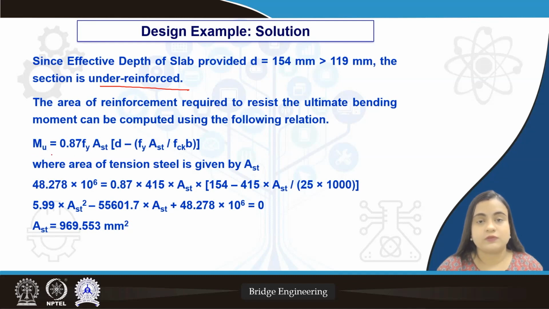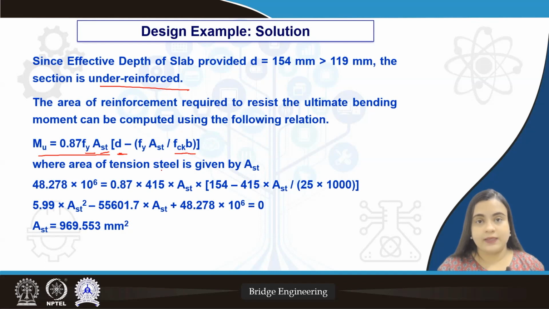where Mu, ultimate moment, is equal to 0.87 fy Ast multiplied by d minus fy Ast by fck b. Here fy is characteristic strength of steel, Ast is area of the steel, d is effective depth, b is unit meter, and fck is characteristic compressive strength of concrete.